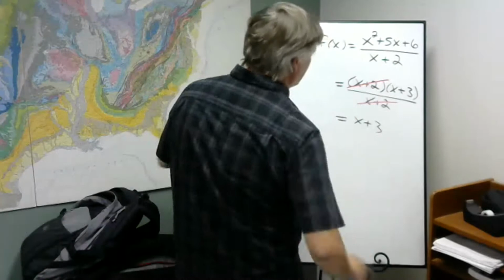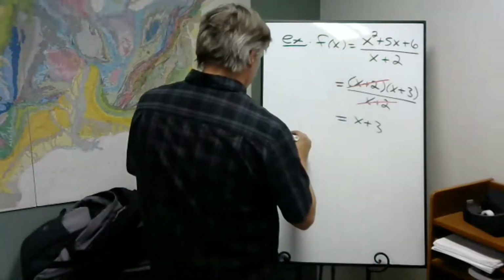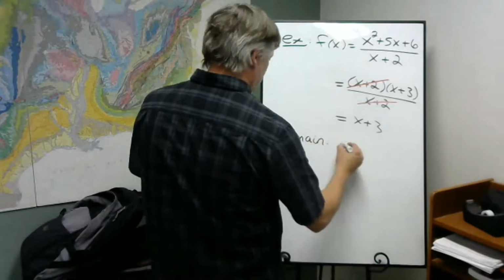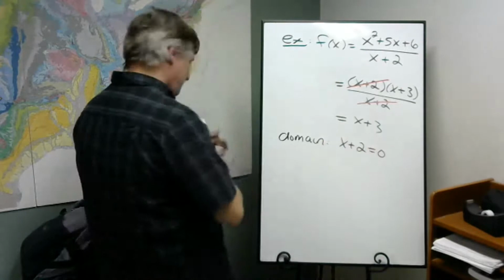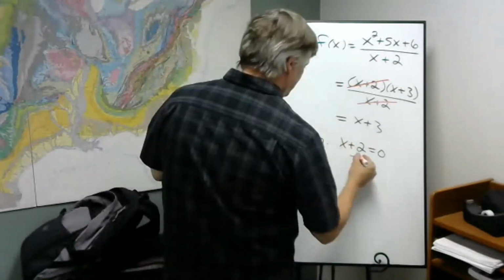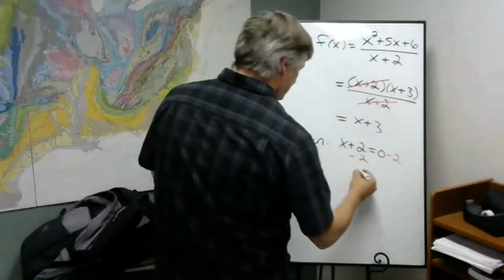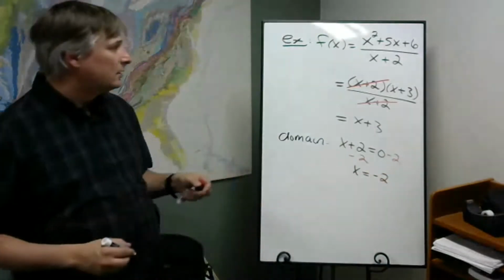So in this case, if we set the denominator equal to 0 and solve for x, x is minus 2.